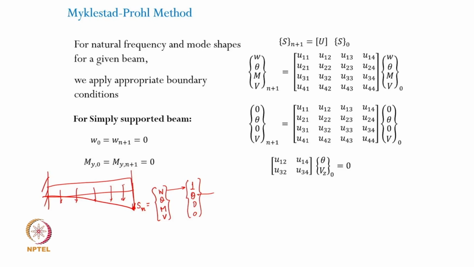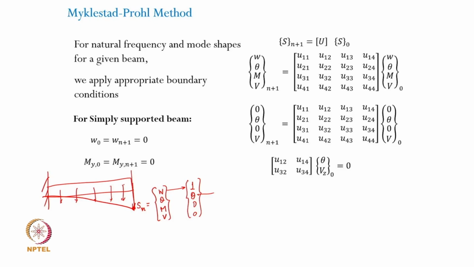The advantage here, as I said, is that no inversion of matrix is required, and irrespective of the number of segments, the matrix size still remains 4 by 4, right? So the matrix size is the most important plus of the transfer matrix method. If you take a finite element method kind of setting, then the size of the matrices is going to be proportional to the number of discretized segments.